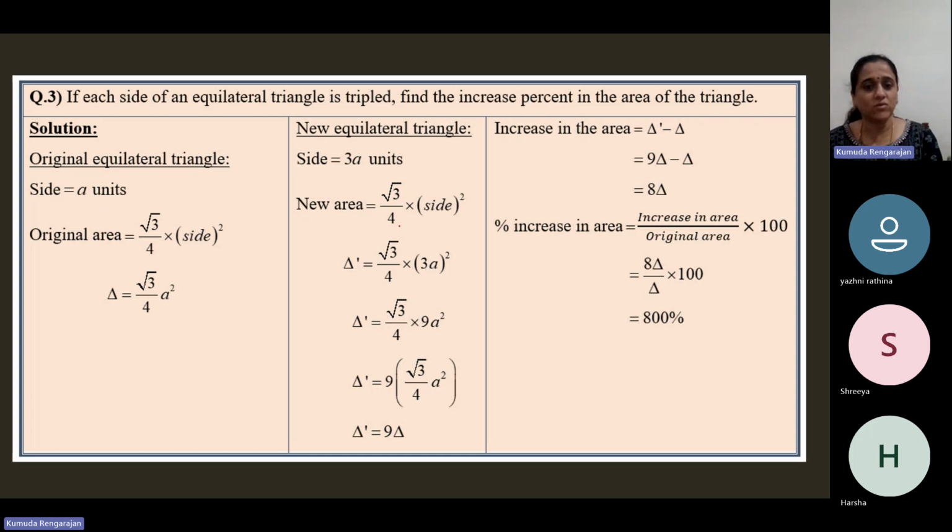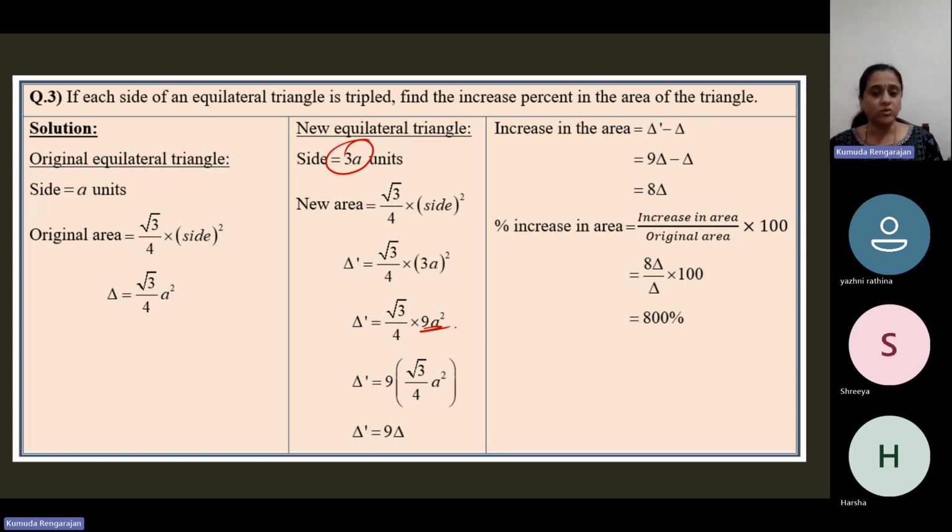So root 3 by 4 into 3a, the whole square. What is 3a the whole square? 3a into 3a is 9a square. So root 3 by 4 into 9a square.